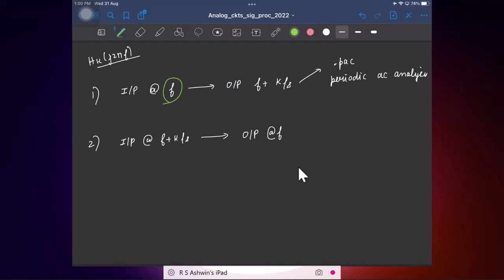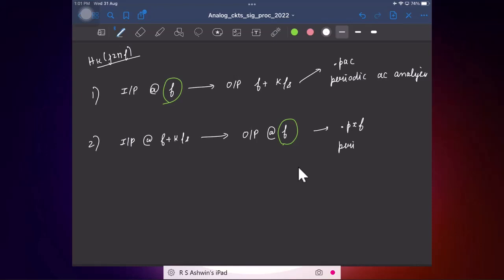And if you want to find how a frequency f at the output gets its contribution from the input, that is, how frequencies at the input of the form f plus kfs contribute to a frequency f at the output, then you run an analysis called .PXF.